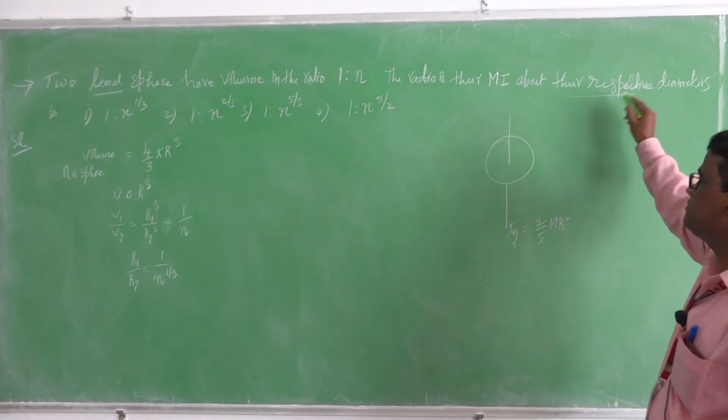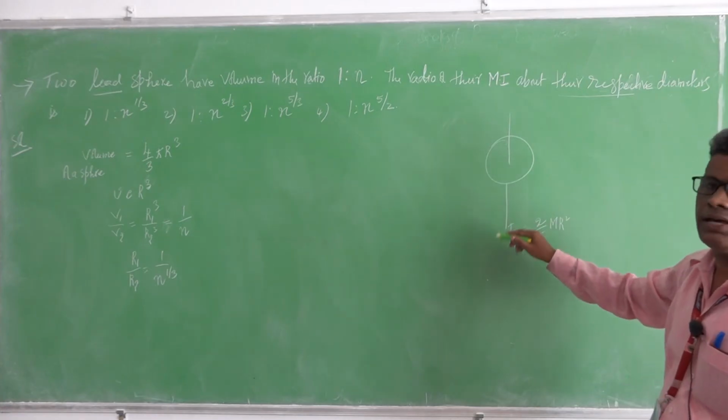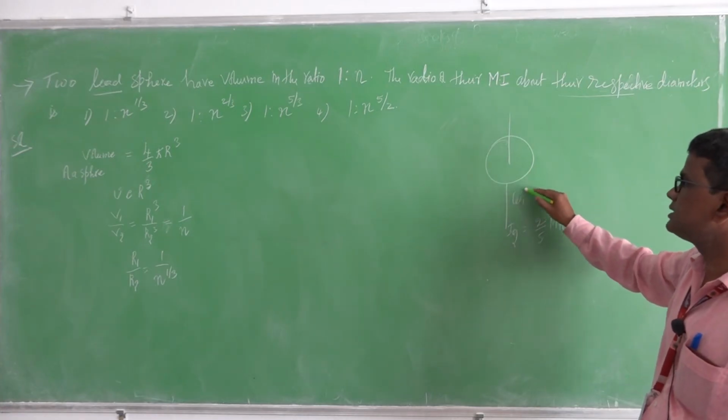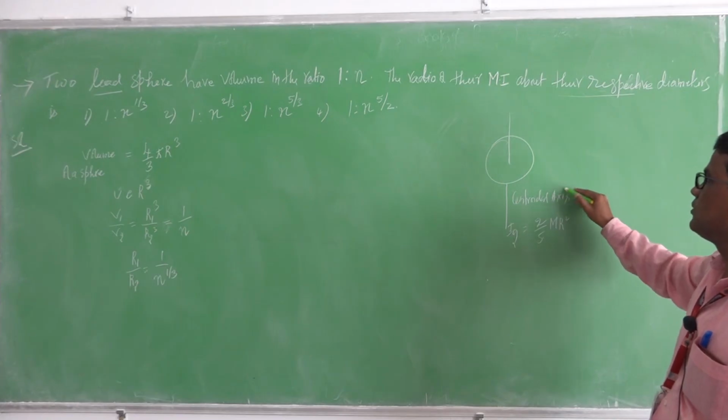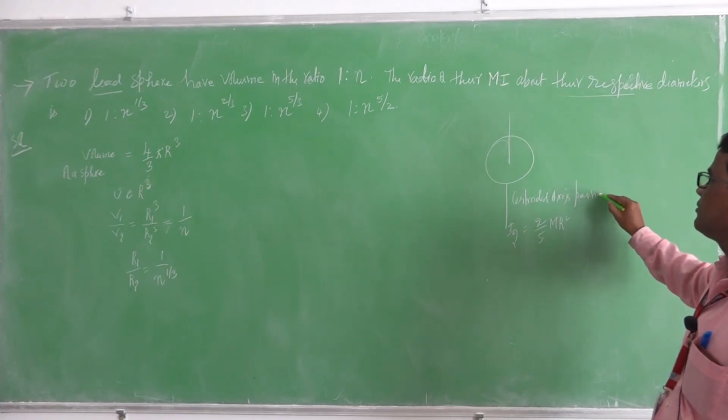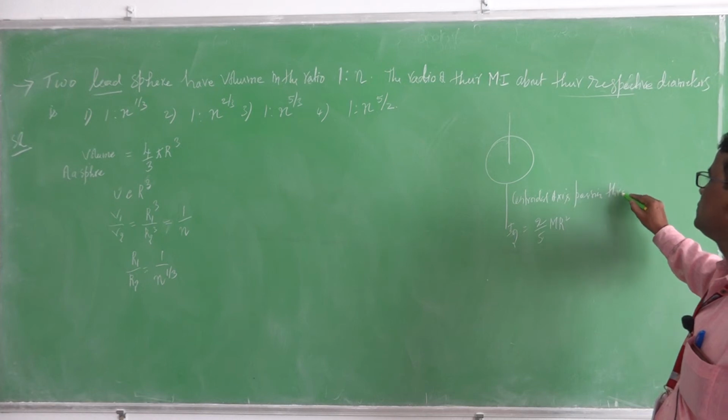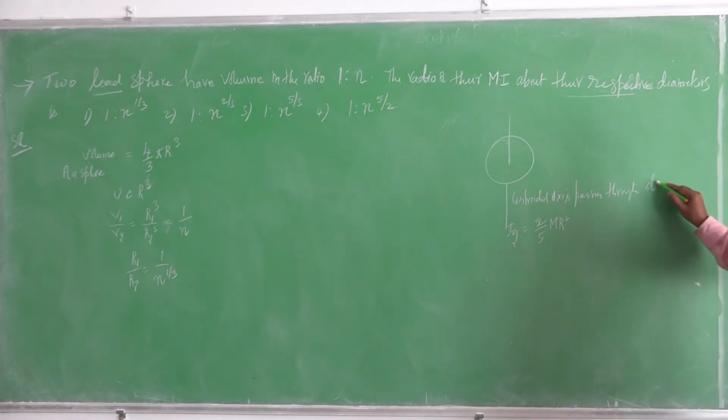Respective diameters means this is itself the diametral, centroidal axis, so it gives the same meaning.